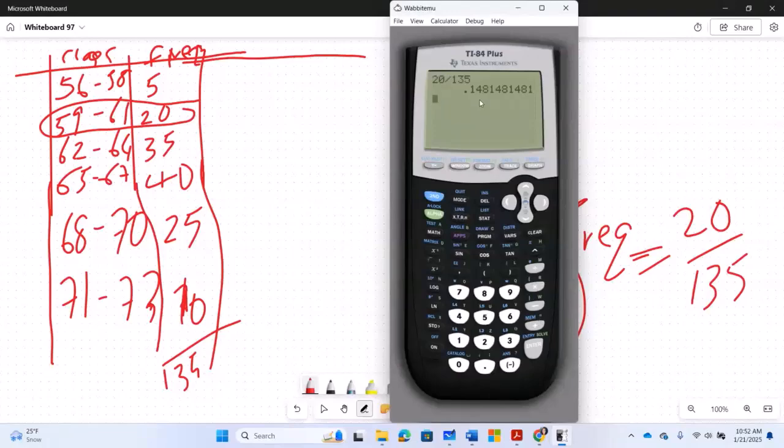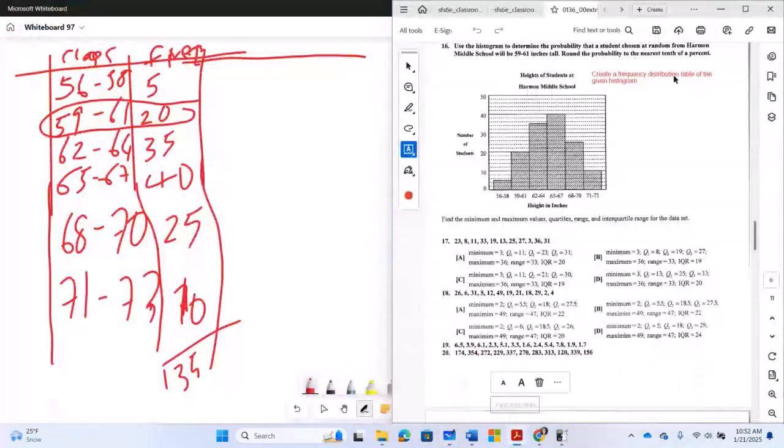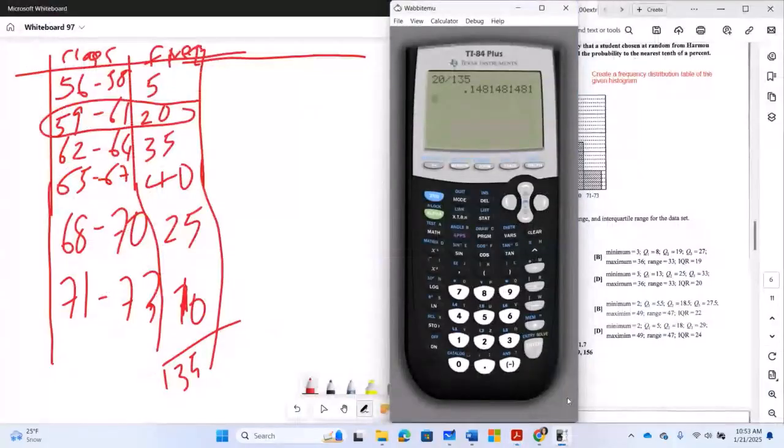Multiplied by 100, I have 14.8 approximately, because the question said to leave your answer to the nearest tenth. So according to my calculator, the probability that a student is in the second class is 14.8%. All right, I'm going to stop the class here so that I can entertain questions.